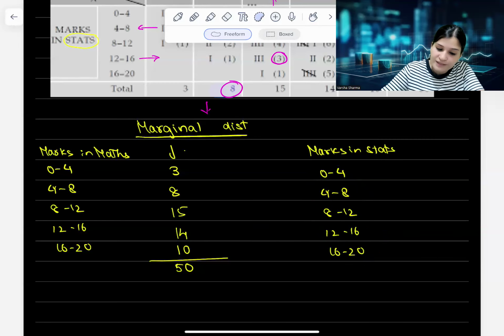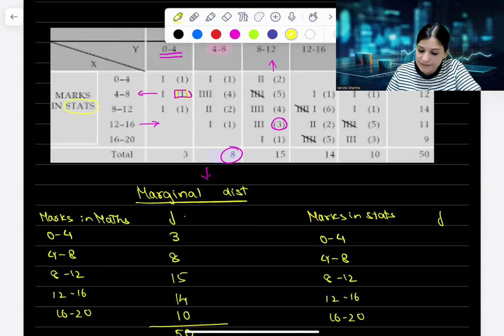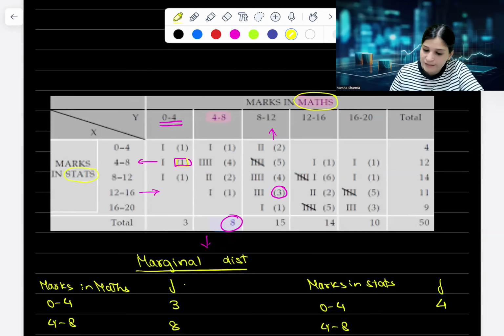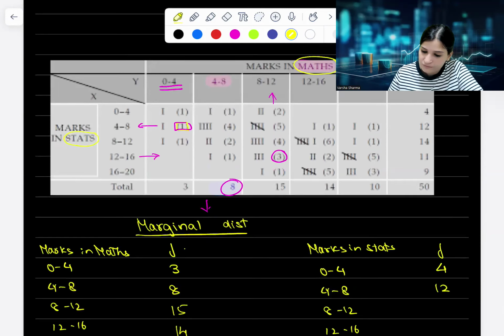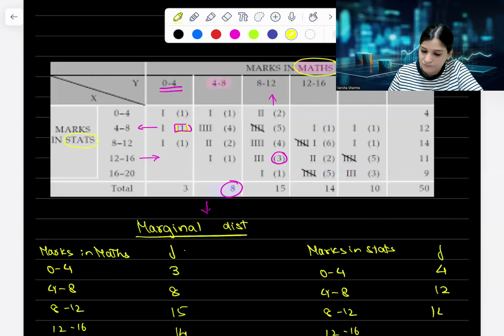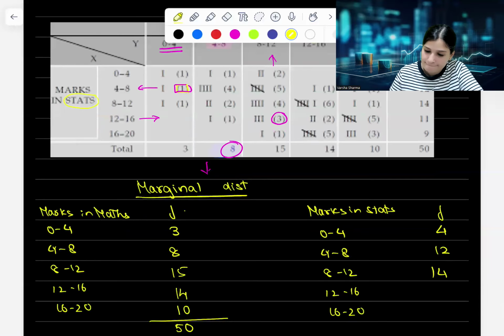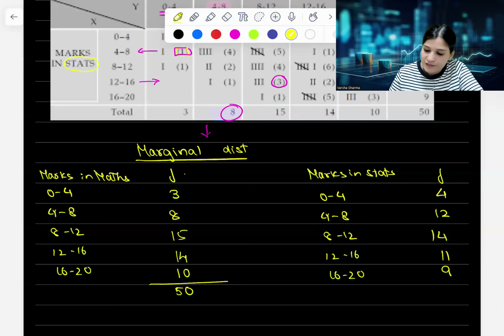Let's talk about frequency. 0 to 4 in stats, 4. 4 to 8, 12. 8 to 12, 14. Then 11, and 9. If you find the total, it's again 50.